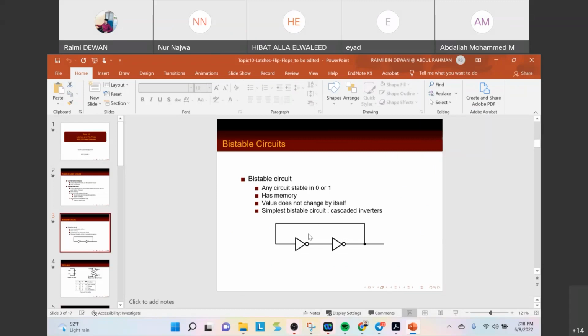This bistable circuit will continuously have the same value, either 0 or 1. But what if we want to have a different value of output? What should we do? Can you answer this in the Webex chat?